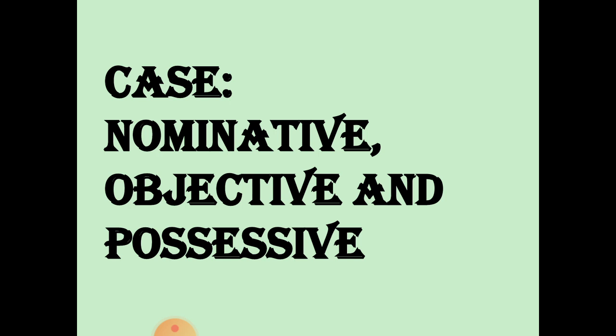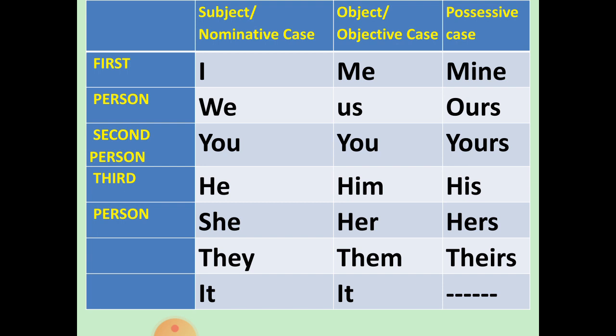And objective is when we use a pronoun as an object, and possessive when we show possession, कि वो चीज़ किसकी है, इसको शो करने के लिए जो प्रोनाउन यूज़ किए जाते हैं, those are called possessive pronouns, right? So I am going to explain you again with the help of a chart, right?